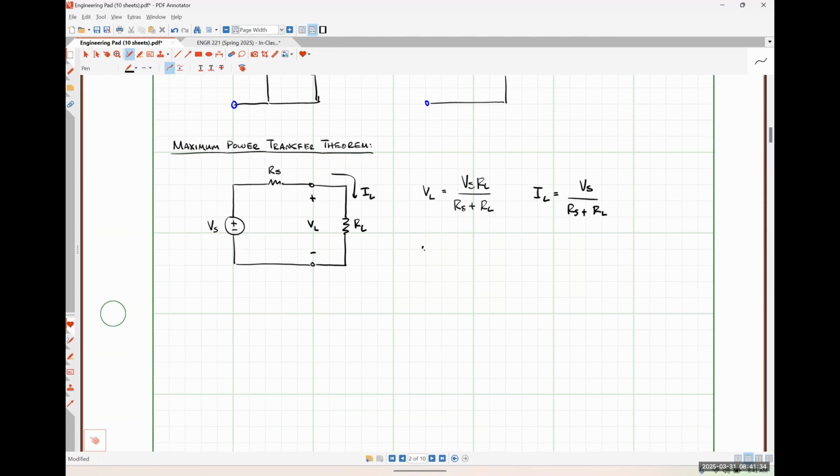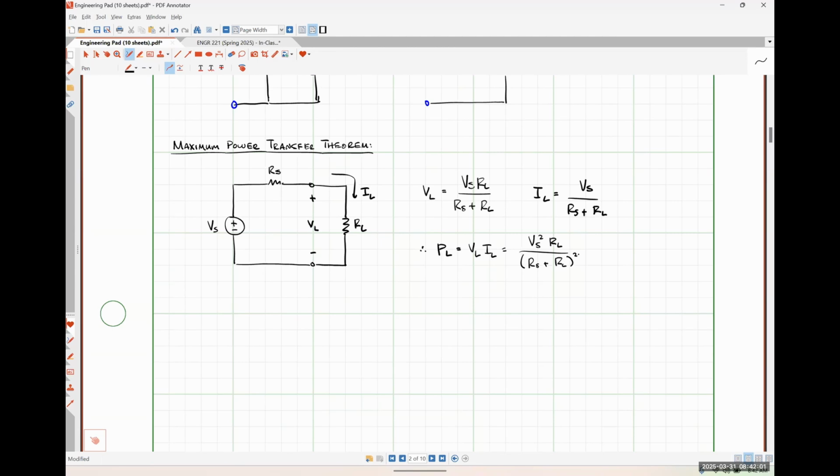If I put these results together, I could say that the power absorbed by my load resistor is just going to be the product of these two quantities, VL times IL. And so that's going to look like Vs squared times RL over (Rs plus RL) quantity squared.